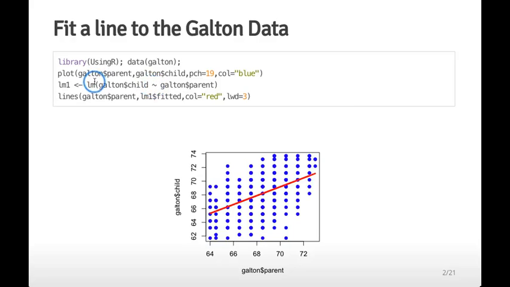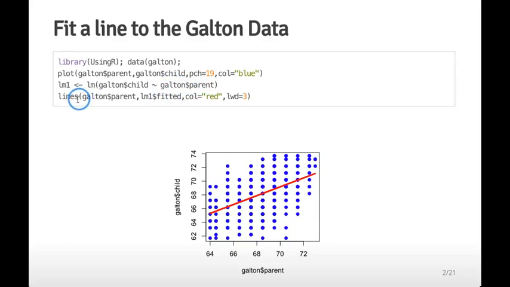So the linear model function actually always fits an intercept term unless you tell it not to, and then it assumes that you are including a bunch of other terms that you would like to be included as features in the line. And so in this case, we only have one other variable, and we're using the mid-parent height.